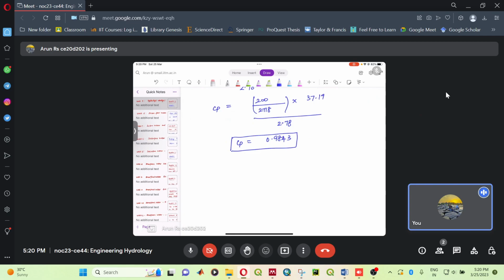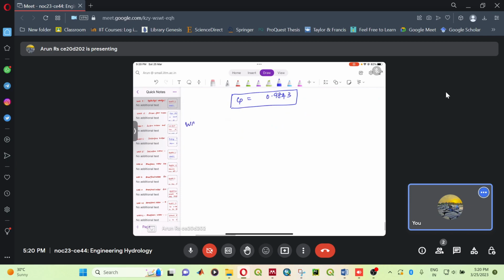Okay, let's move on to the watershed B. First we need to define the basin lag for watershed B. That is given by TPR is equal to 0.75 CT into L into LC to the power 0.3.